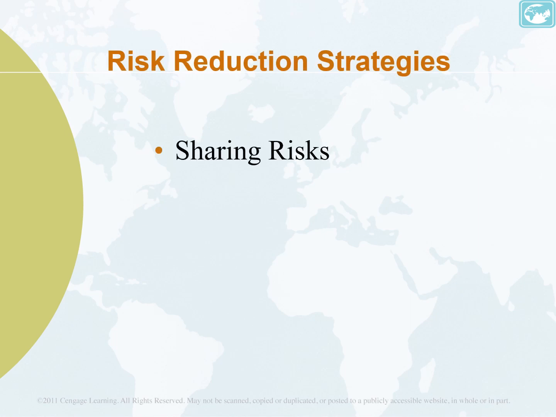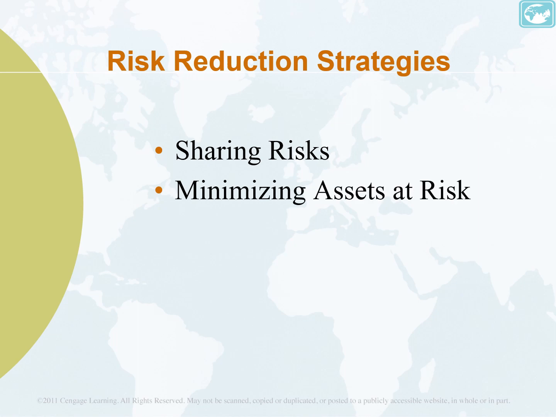Risk reduction strategies: how to share risk, how to minimize risk and assets at risk. Remember I talked about minimizing assets at risk. How to do that? Borrow locally is one way to minimize your assets at risk. Insurance. Buy insurance.